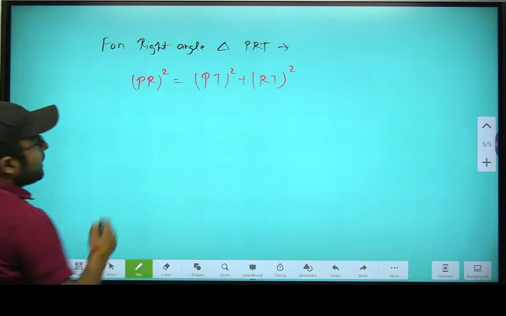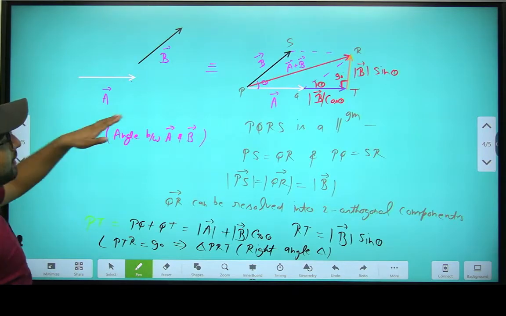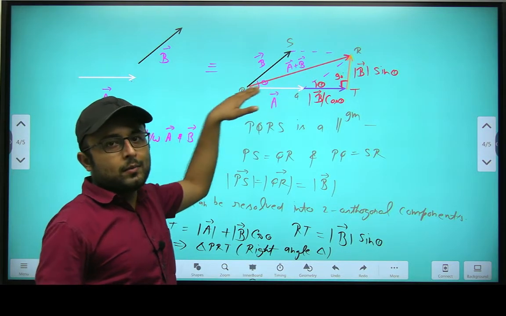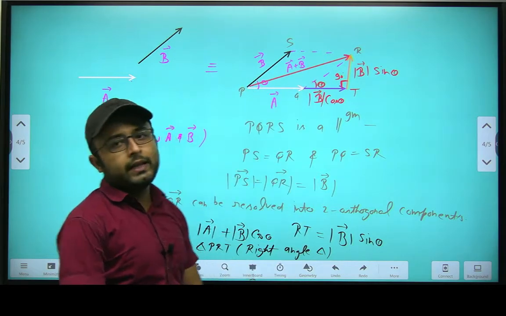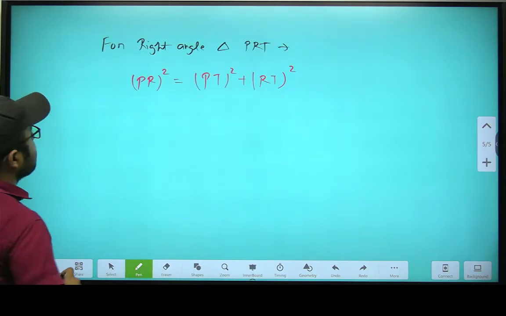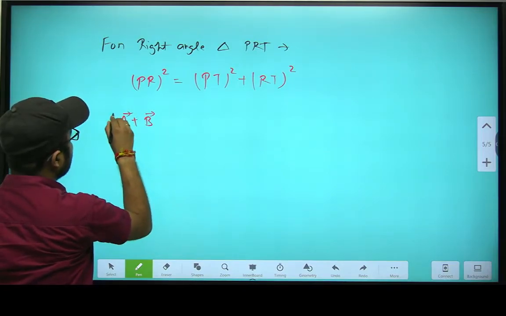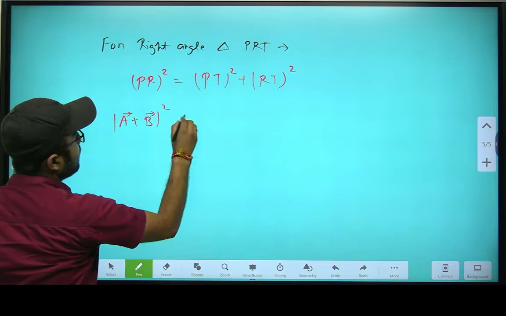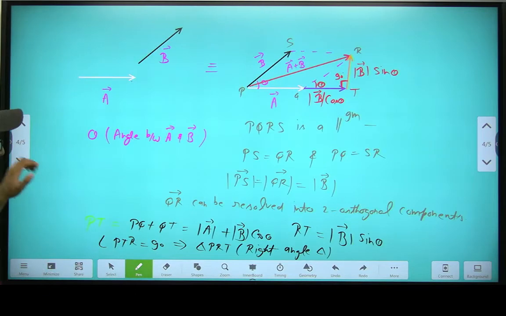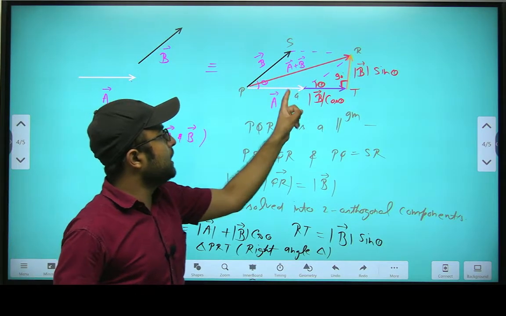And what is PR? It is the diagonal of the parallelogram passing through the common tail. So we can write this as mod of A plus B whole square is equal to, what is PT? PT can be written as PQ plus QT.